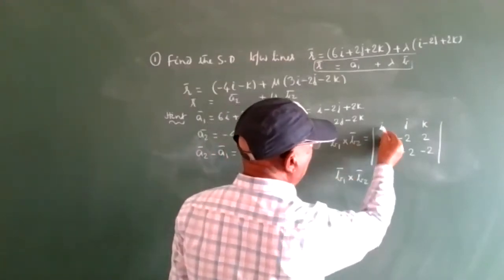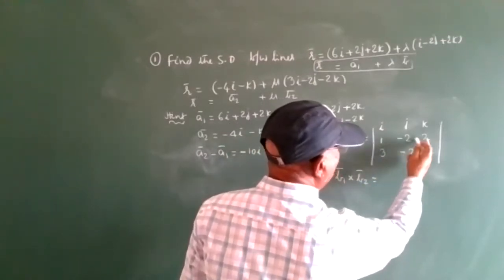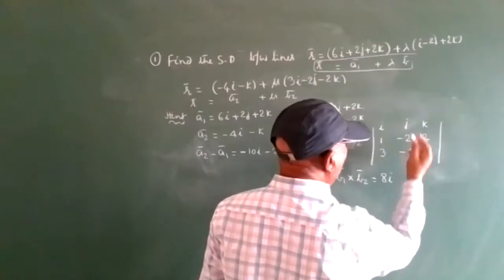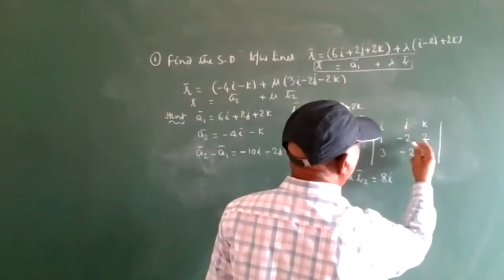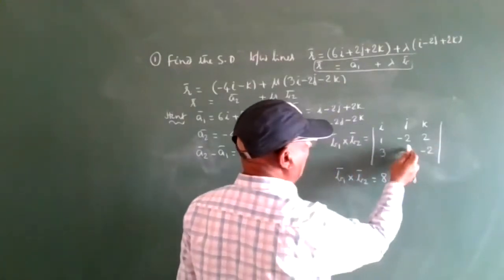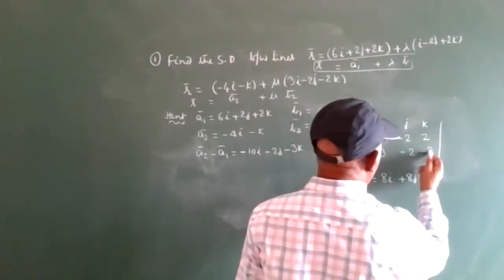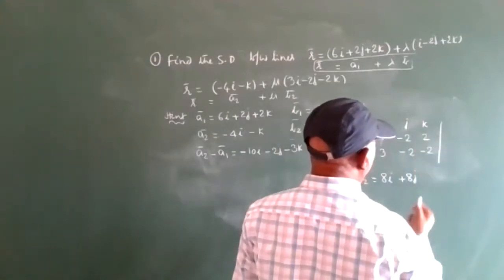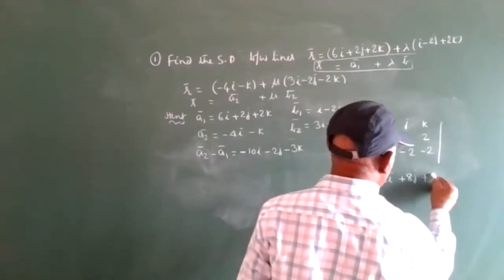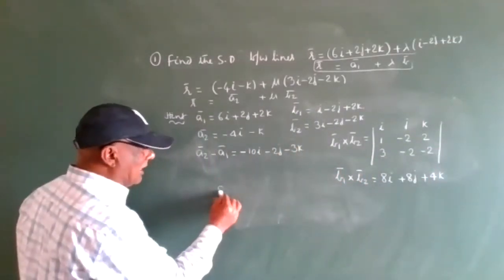B1 bar cross B2 bar: i into minus minus is plus 4, minus minus is plus 4, therefore 8i; minus j into minus 2 minus 6, that is plus 8j; k into minus 2 minus 6, so minus 2 minus 6 plus 4k, right.